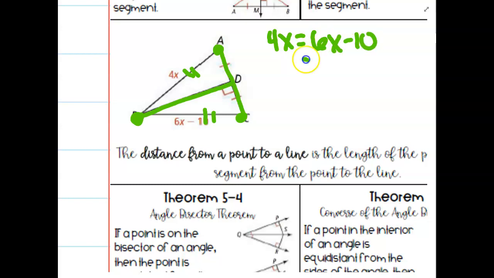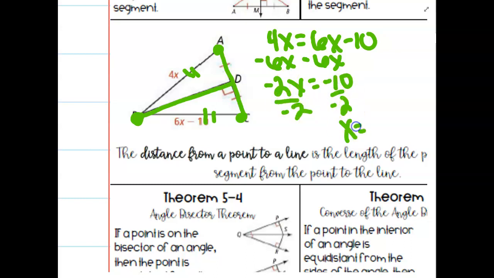Then you could solve for x, so subtract 6x from both sides. 4x minus 6x is negative 2x equals negative 10. Divide by negative 2, you get x equals 5. A lot of what you're doing today is setting two things equal to each other and solving for x. But the reason we're setting them equal to each other comes from these theorems. So we really want to make sure that we're understanding why we can set them equal.